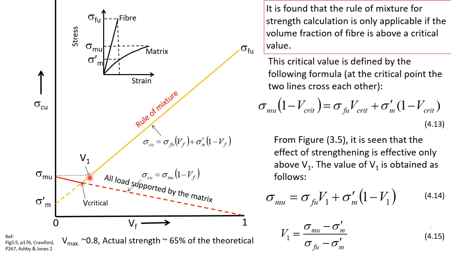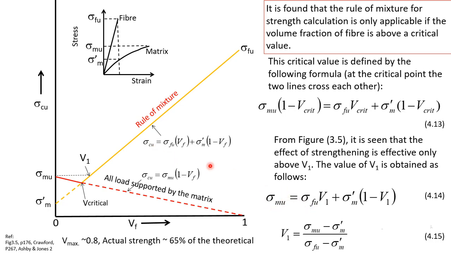Any composite which has a volume percentage of fiber more than V1, we can achieve strengthening. Below V1, we are not gaining any strengthening, because the matrix is able to give us a higher value of the ultimate tensile strength. In order to find V1, we can use this equation, and here we replace sigma Cu by sigma Mu, because this is the maximum strength of this composite.